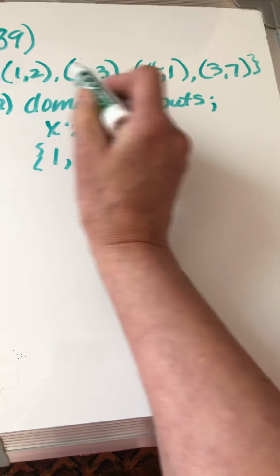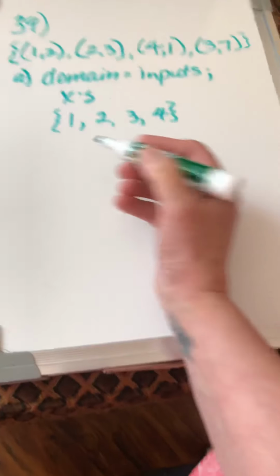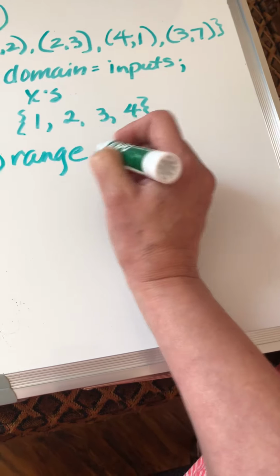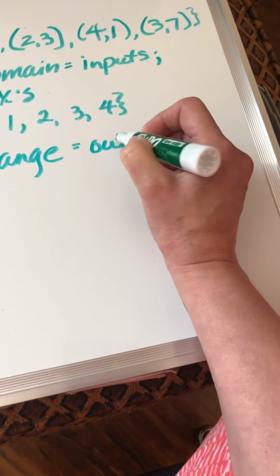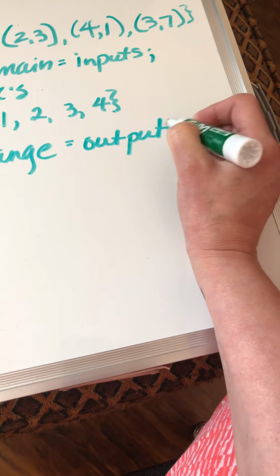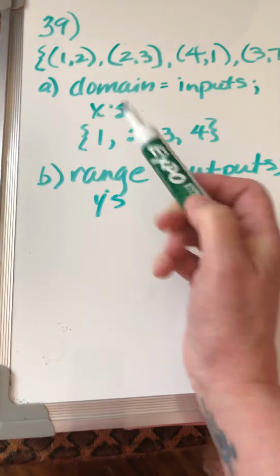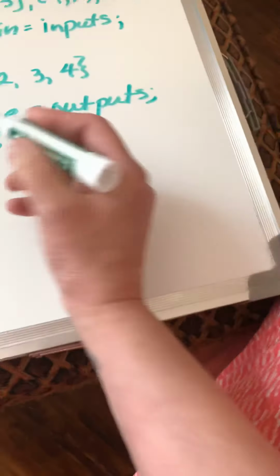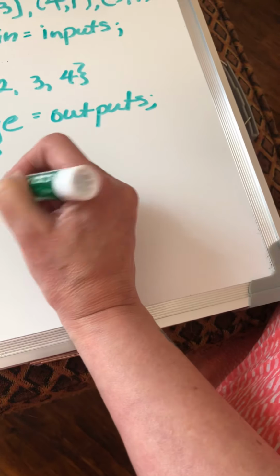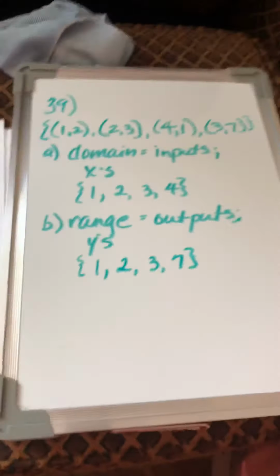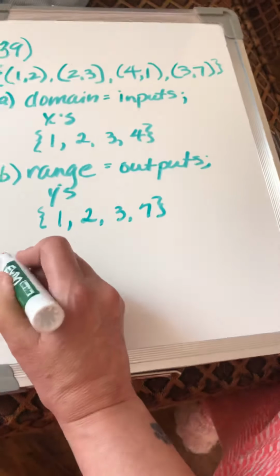Even though it says 1, 2, 4, 3, it's best to put them in numerical order. Then we have to identify the range. The range are your outputs or your y's. And for this one, the y's are 2, 3, 1, 7. So let's go 1, 2, 3, 7. So there's your domain and there's your range.